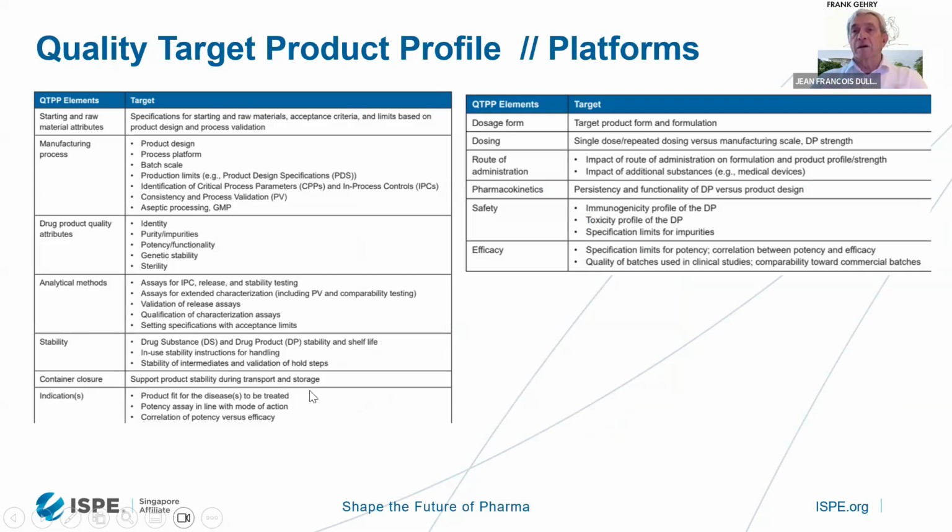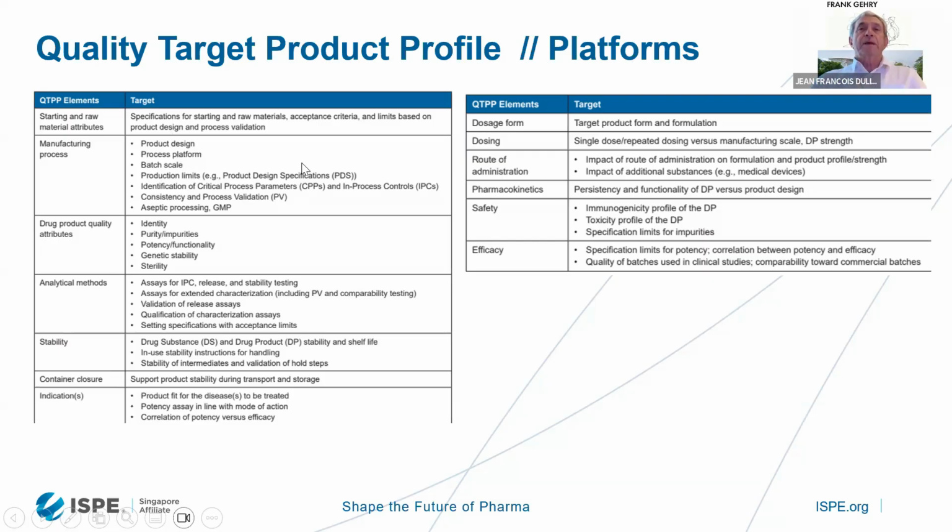Here we have a list of quality target product profile. I will go only into the manufacturing process, and here we start to see a point we are looking at now with the new processes, which are process platforms.